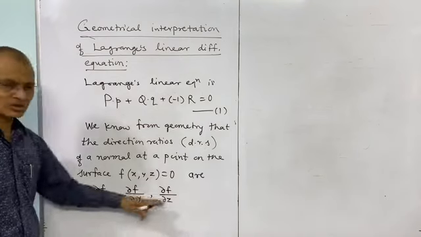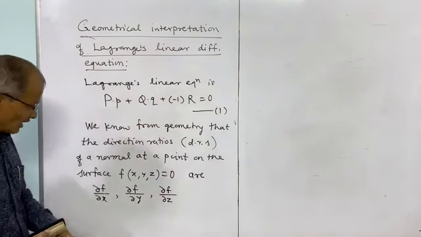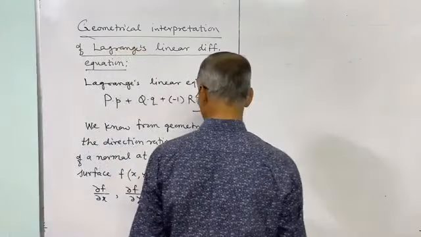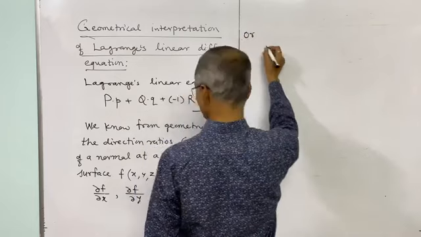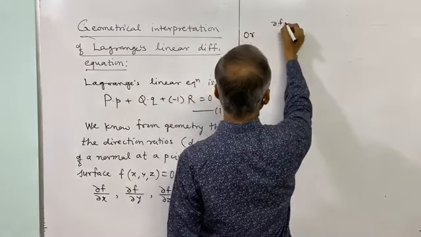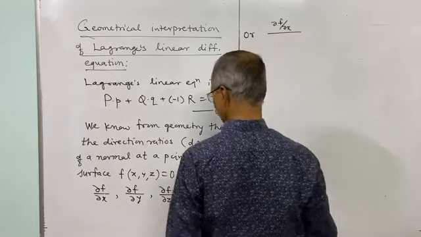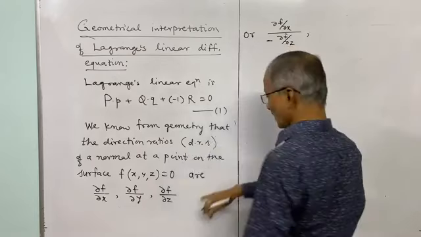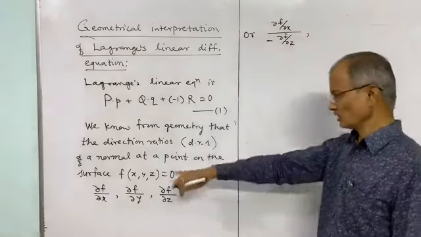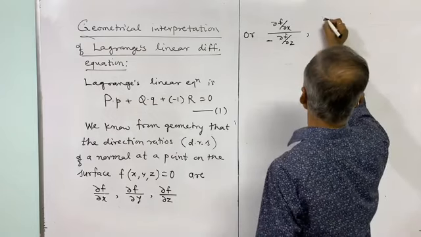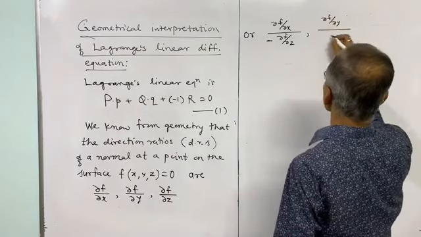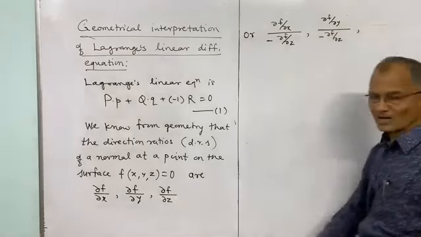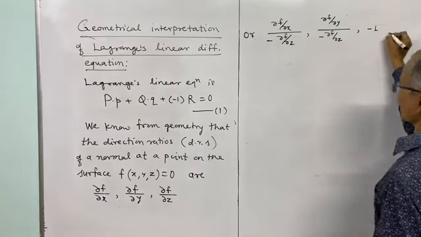So we can divide these ratios by any number that we want, and here we shall divide each ratio by negative of last number. This will be dou f by dou x, partial derivative of f with respect to x, divided by negative dou f by dou z. We are dividing by negative of dou f by dou z to each term, and second is dou f by dou y divided by negative dou f by dou z, and last is this divided by negative of that number, which will be minus 1.